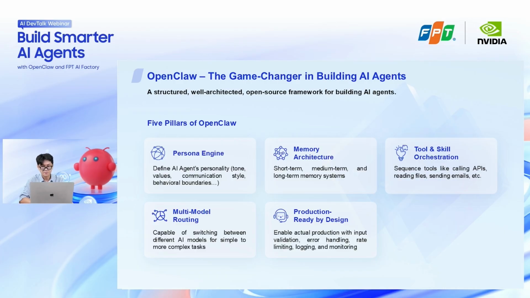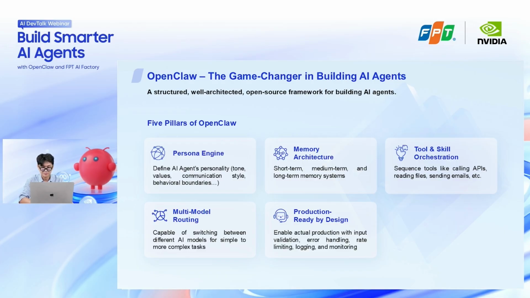Number 2, memory architecture. 3 layers out of the box. Short term for the current conversation, medium term for recent sessions, and long term for a persistent user profile. It can grow over time. This is the biggest difference between a chatbot and an actual assistant.